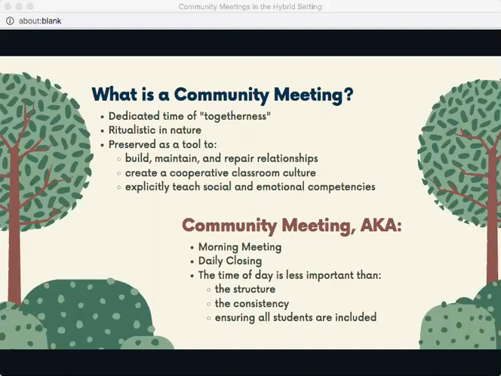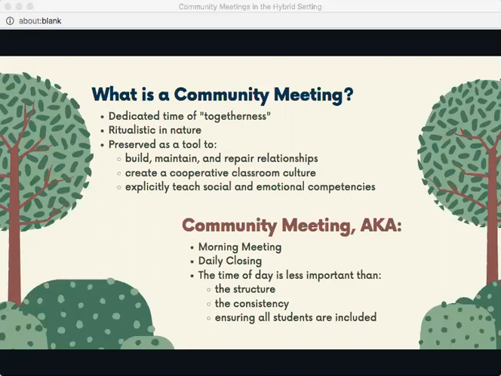We're going to be using the term community meeting, but you may be more familiar with the term morning meeting. So, a community meeting can be held first thing in the morning as a morning meeting, or as a ritualistic daily closing activity, or really any time during the day. The time of day is less important than the structure, the consistency, and ensuring that all students are included.